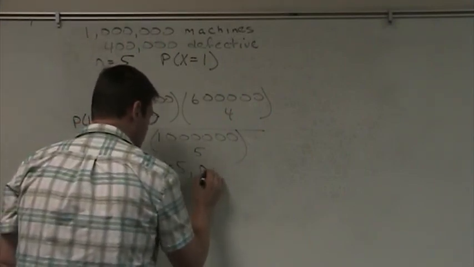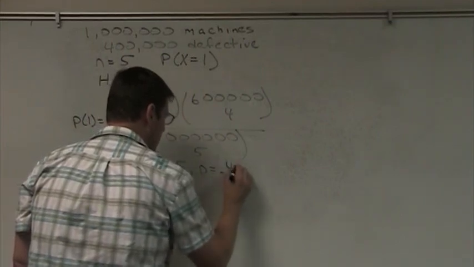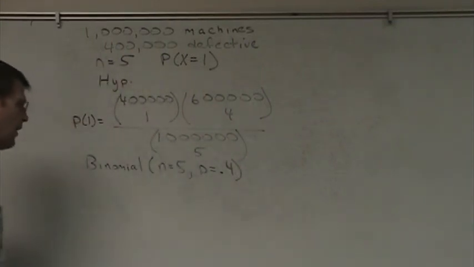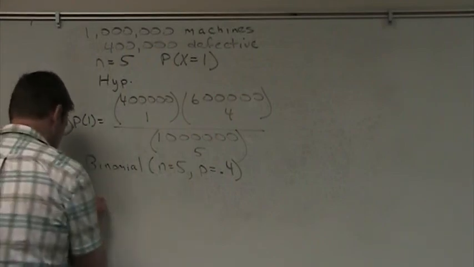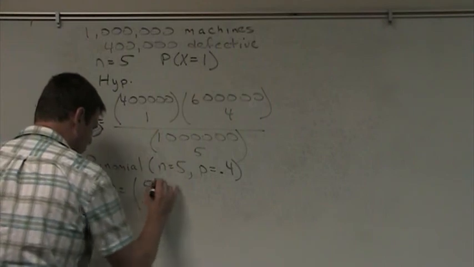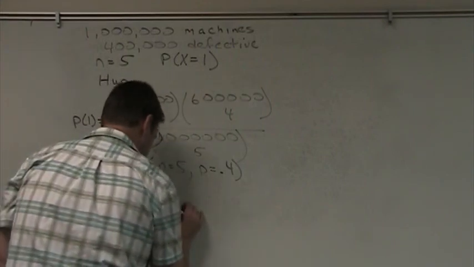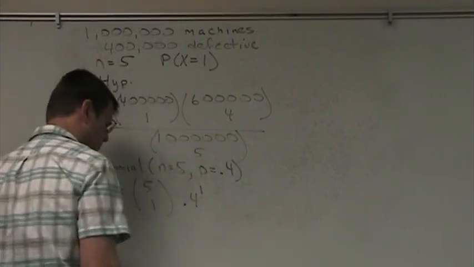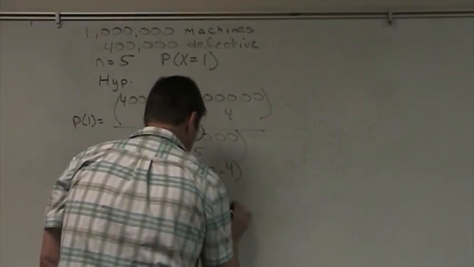So for this, we'll use p equals 0.4. And so we'll do the approximated probability, p of 1 as being 5 choose 1 times 0.4 to the first times 0.6 to the fourth.